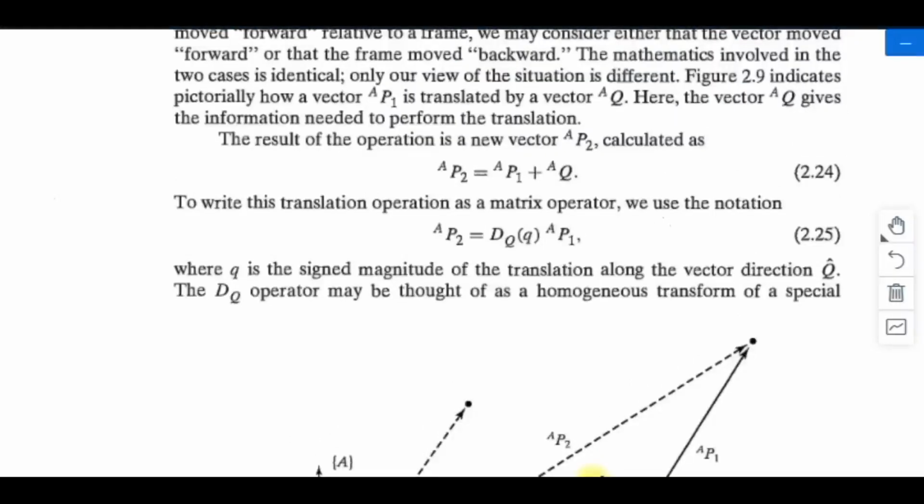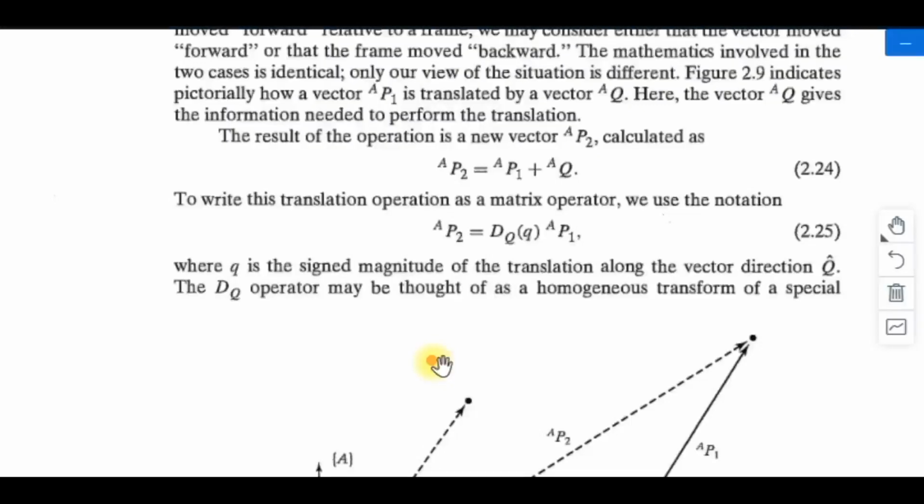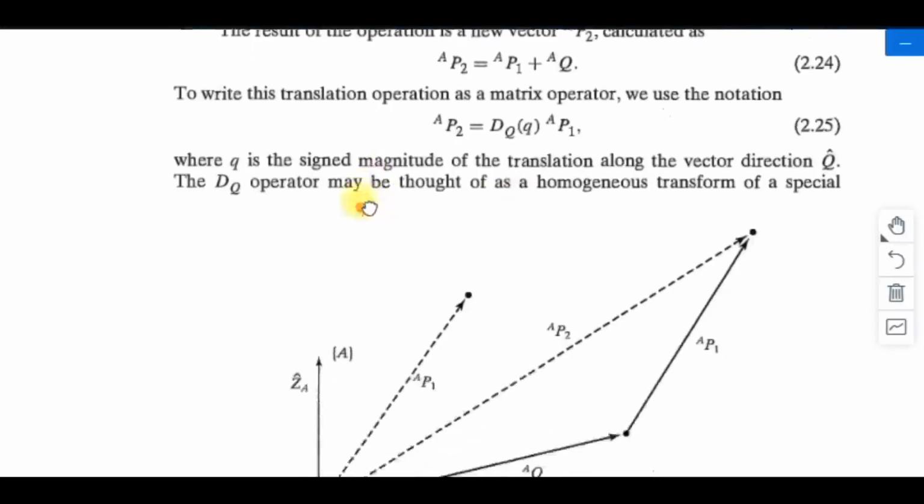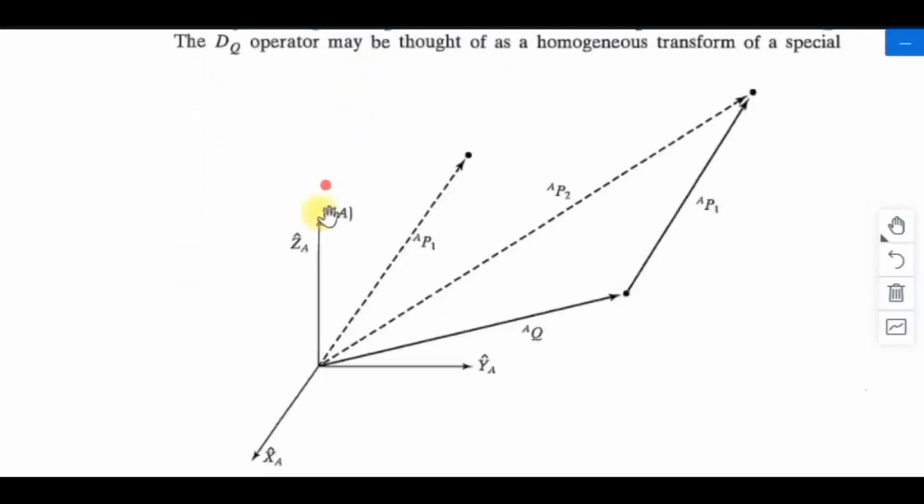So, the translation operation as a matrix operator, we may write that AP2 equals DQ into AP1, where Q is the signed magnitude of the translation along the vector direction Q. The DQ operator may be thought of as a homogeneous transformation of a spatial coordinate point.